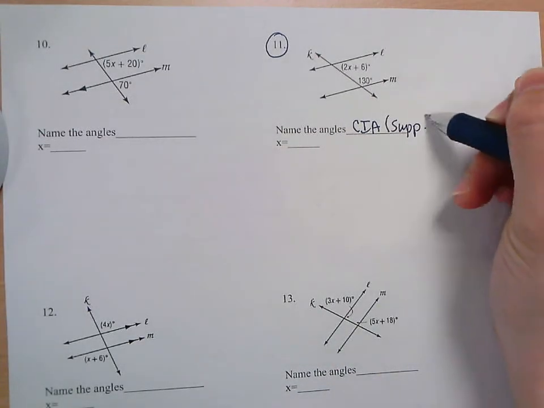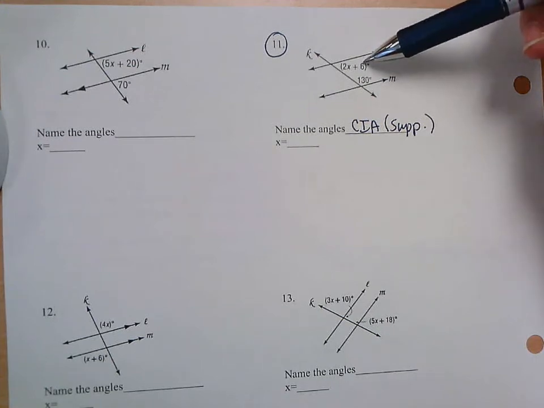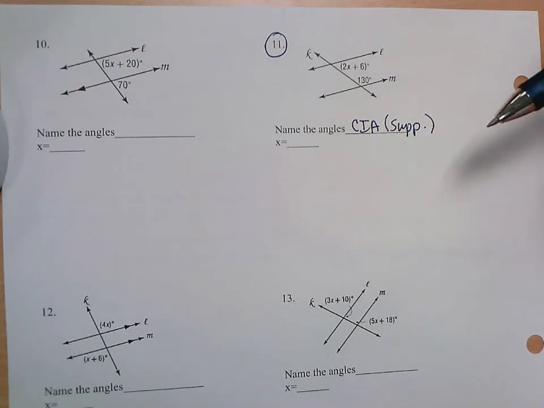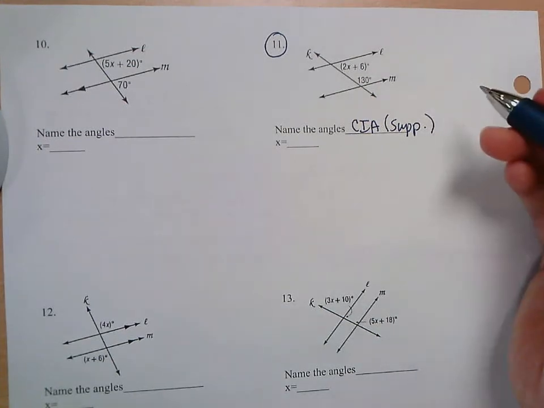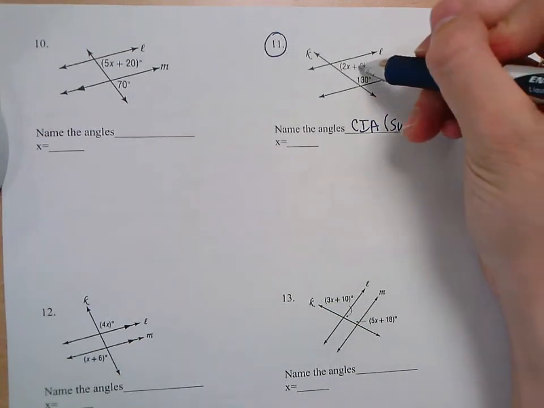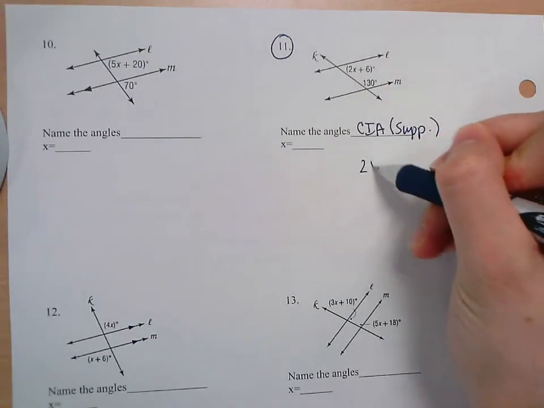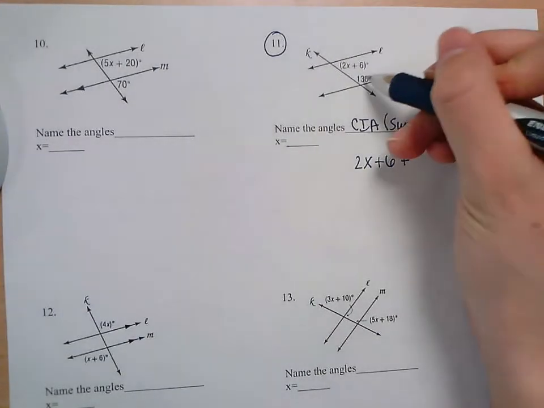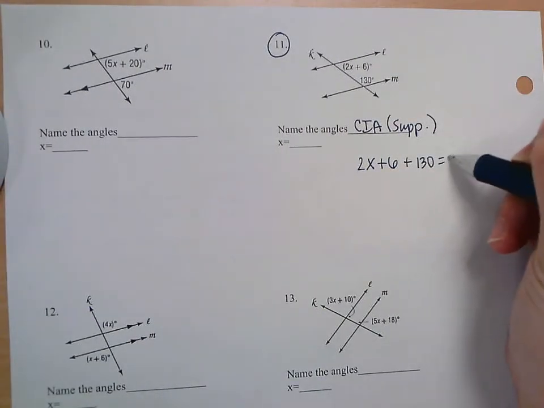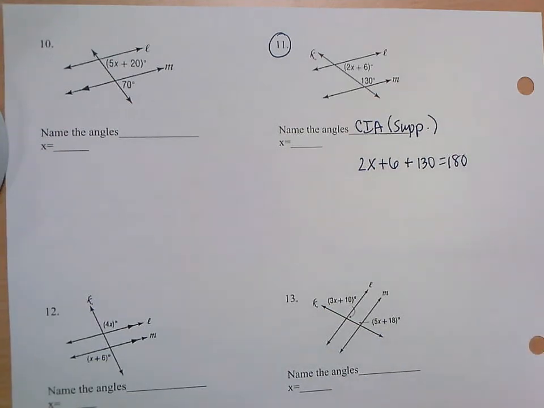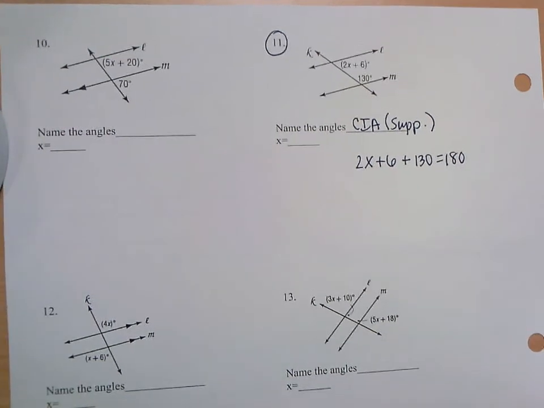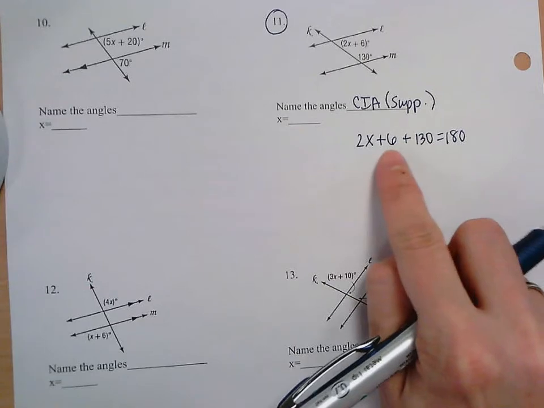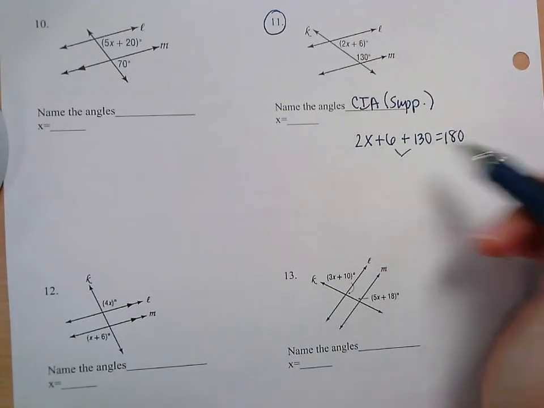Supplementary. So what equation would I set up to find x here? Yes, these two together must equal 180. 2x plus 6 plus the other angle, 130, must equal 180. Okay, and then I'm going to combine these.